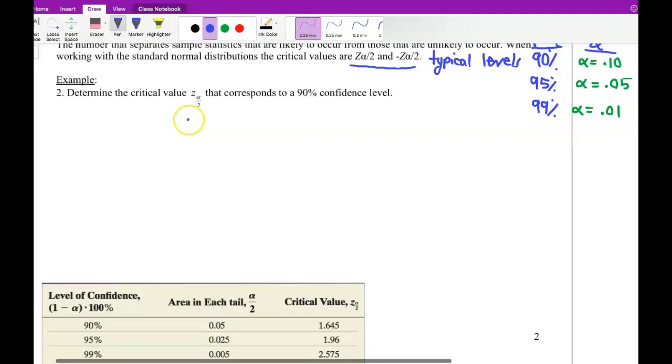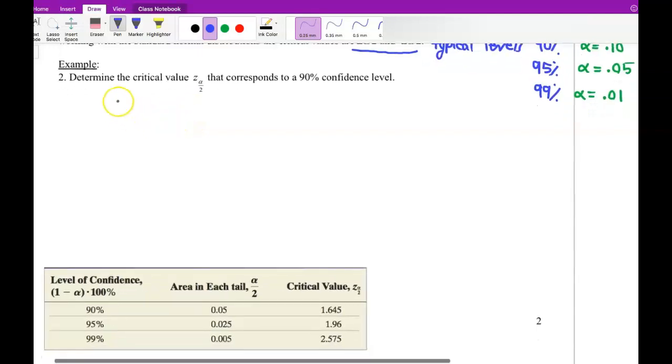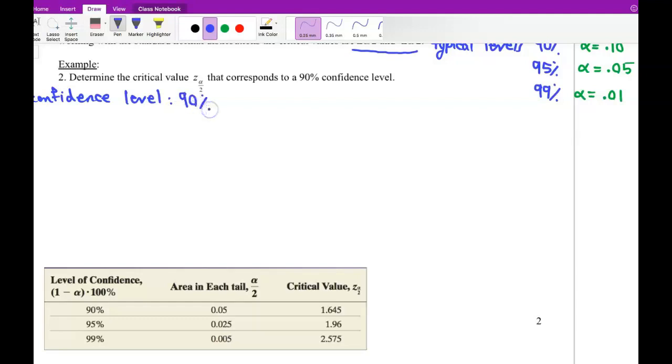First, it is given that the confidence level is 90%. Using that, alpha is 10%. Now finding the critical value z alpha divided by 2.